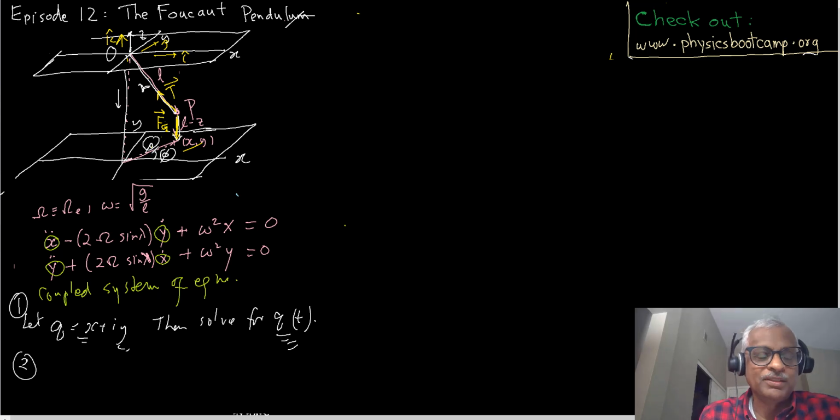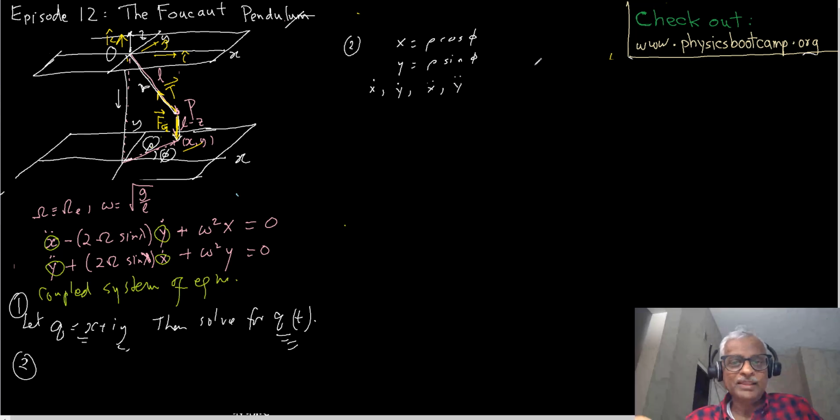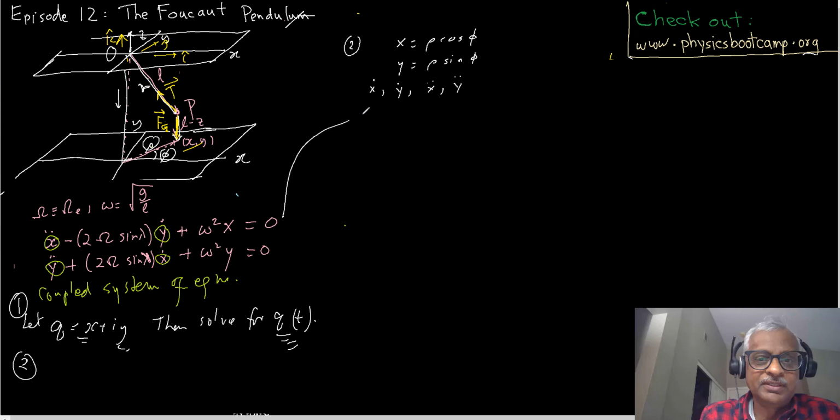So you can say x equals rho cosine phi and y equals rho sine phi, and then you do x dot, and then y dot, then x double dot, y double dot, and so now you have this equation and then this equation.